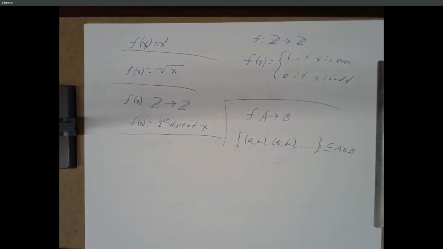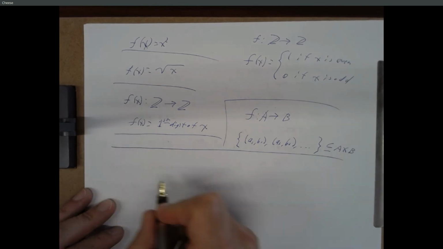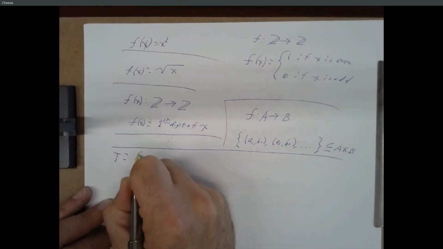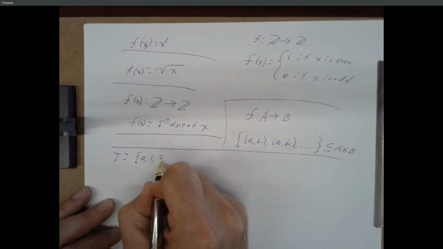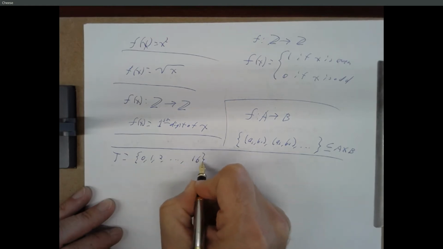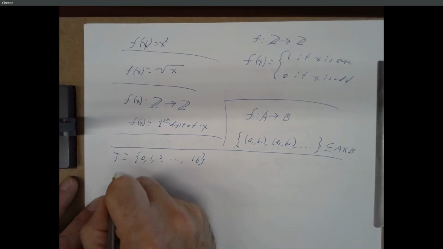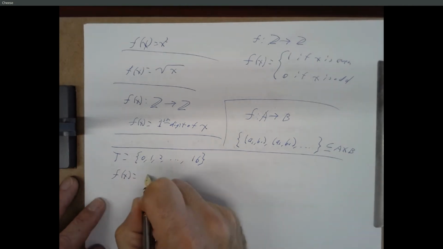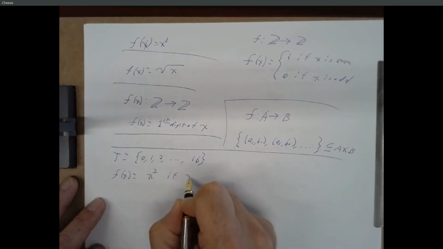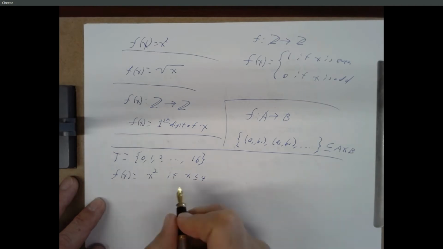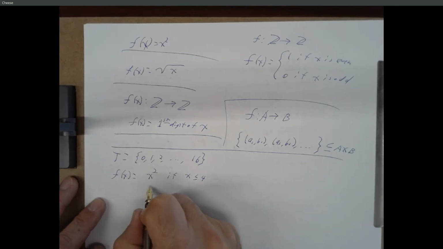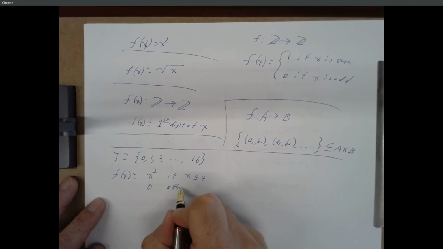So let's restrict our universe. Suppose T is our universe and it's the set of things from 0 through 16. And let's say f of x equals x squared if x is less than or equal to 4 and it's 0 otherwise.